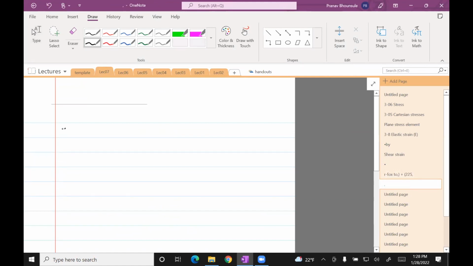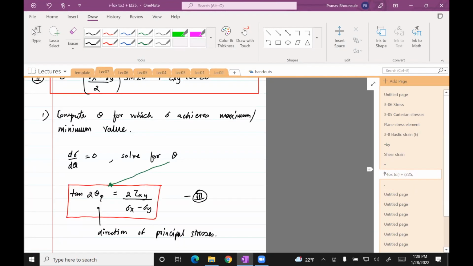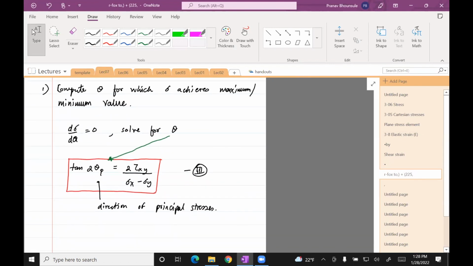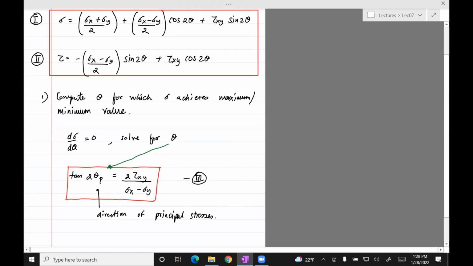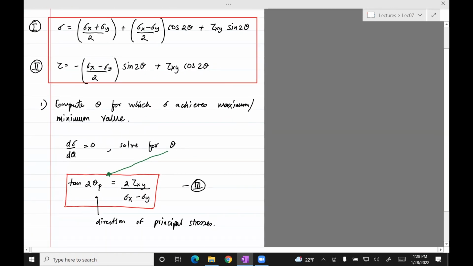So you're asking about the derivative of sigma, right? In the equation above, you took the derivative of sigma and got tan 2 theta. Yes.